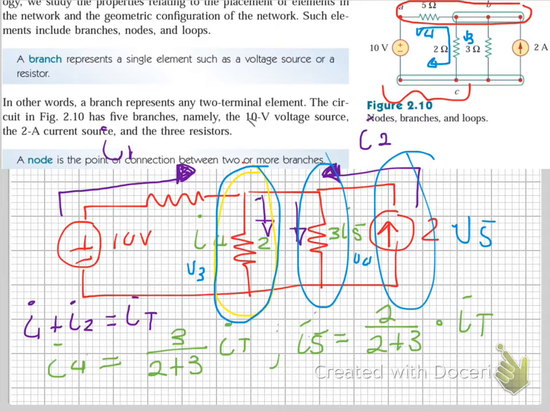So the voltage V4 is equal to 5 over 2 plus 5 multiplied by our source of 10 volts, and our voltage V3 is equal to 2 over 2 plus 5 multiplied by 10. That is the voltage division of a series circuit.